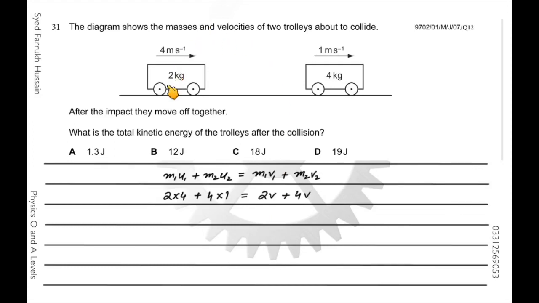Stick together, that's why I have written 2v plus 4v, same speed. So v is equal to 2 meters per second. This speed is actually the speed of the system after collision. To find out kinetic energy of the system after collision, half mv square. M is 6 and v is 2, so 12 joule is the answer.